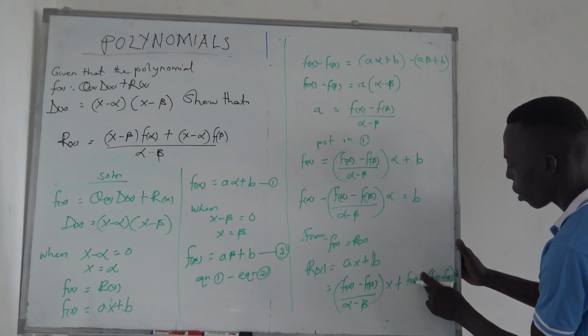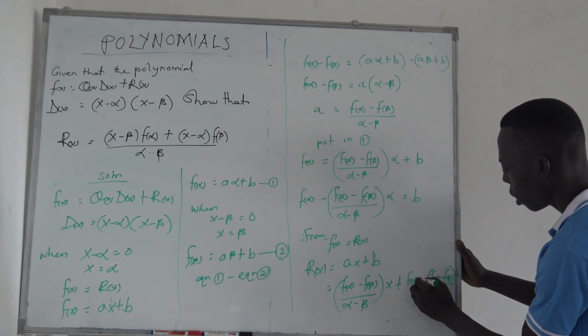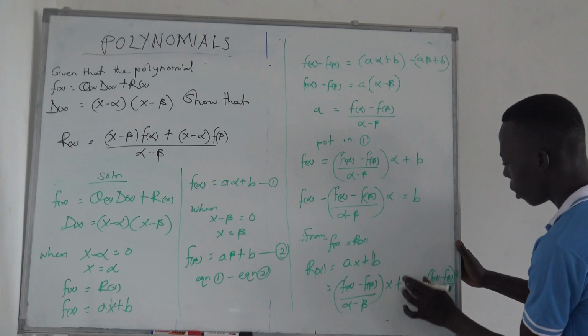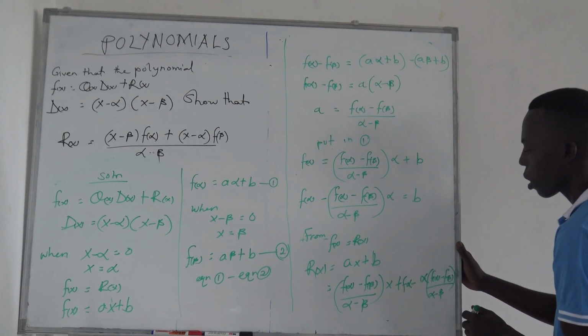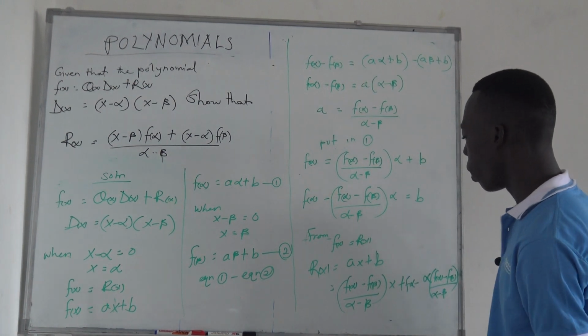So here, since it is f of alpha, minus alpha into that one.